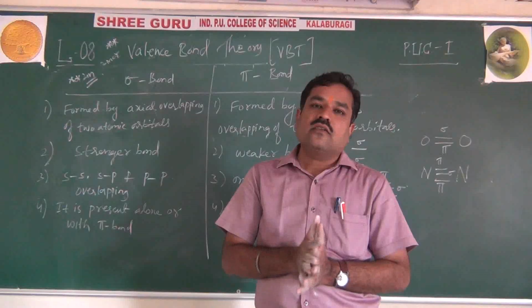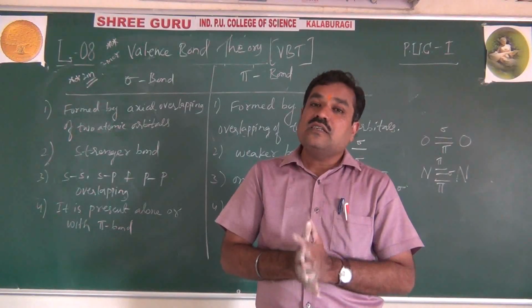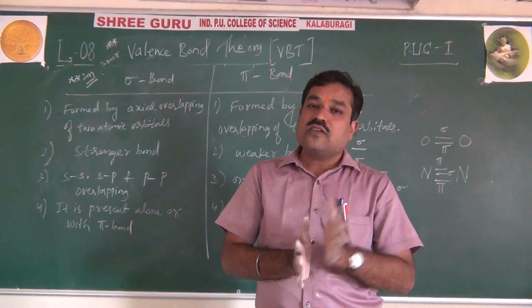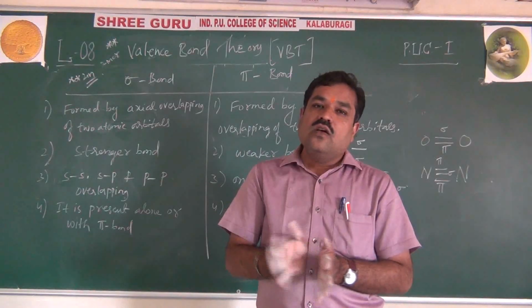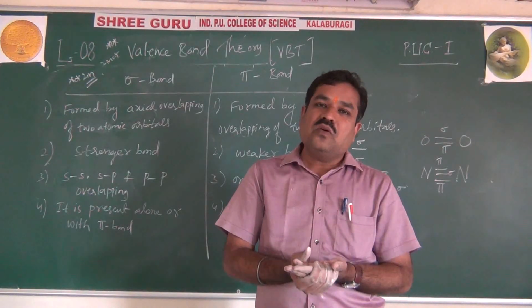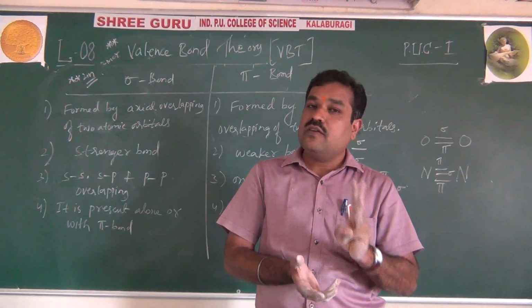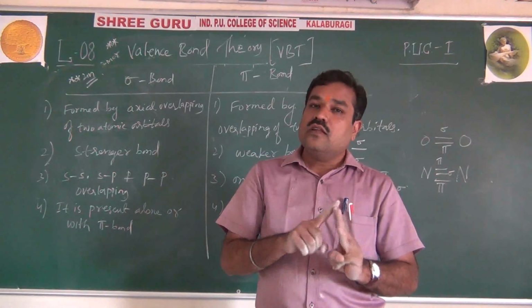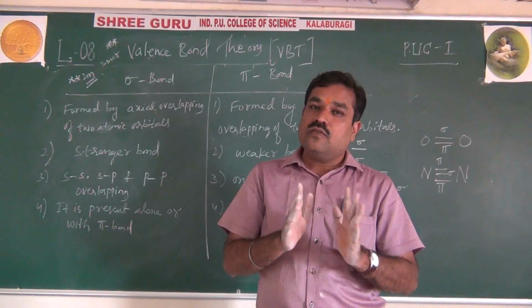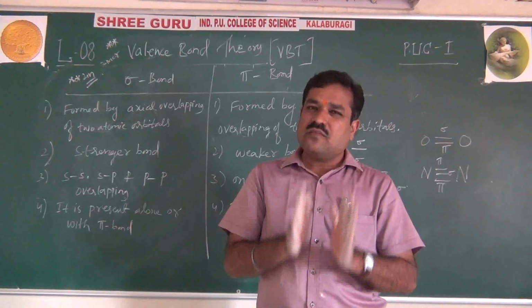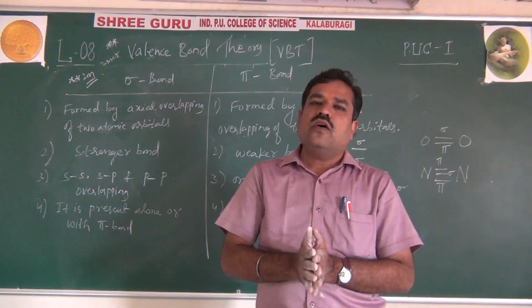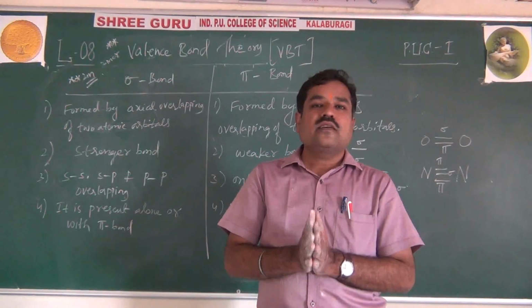Without this, we can't understand hybridization. Please students, I am requesting you, go through valence bond theory so that you can enjoy tomorrow's hybridization. Hybridization I will take 2 to 3 classes. It's a very, very important concept for theory as well as for CET and basic for our organic chemistry. All this chemical bonding is very important as the basis for organic chemistry.